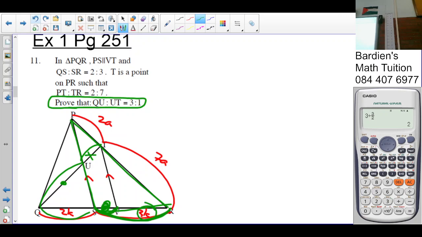So I know that is 3K. So SV over SR is equal to what? PT over PR. Can you see that, people? PT over TR. Okay.